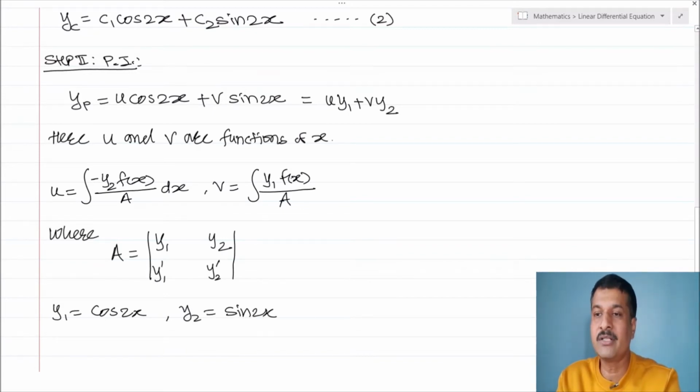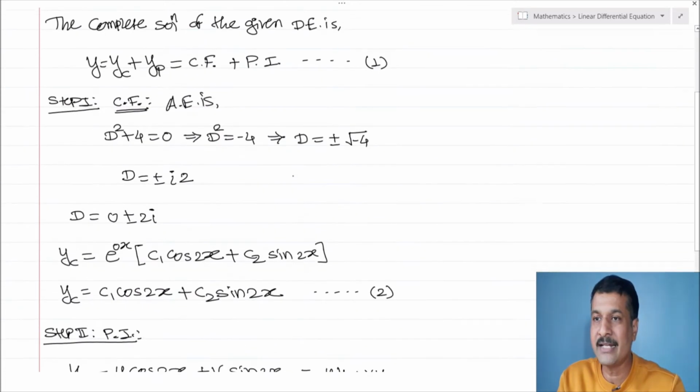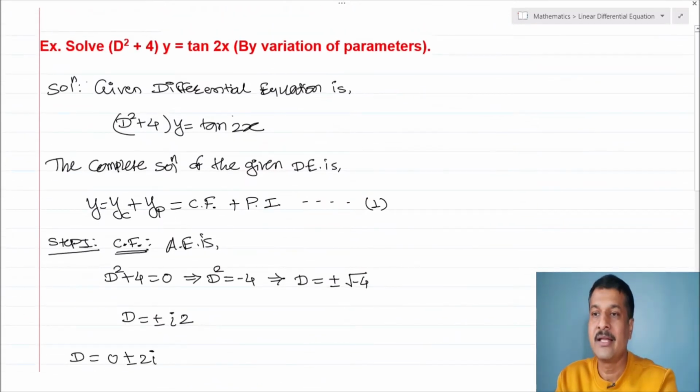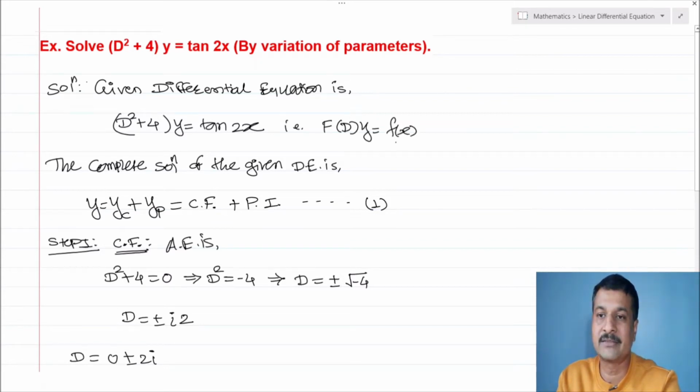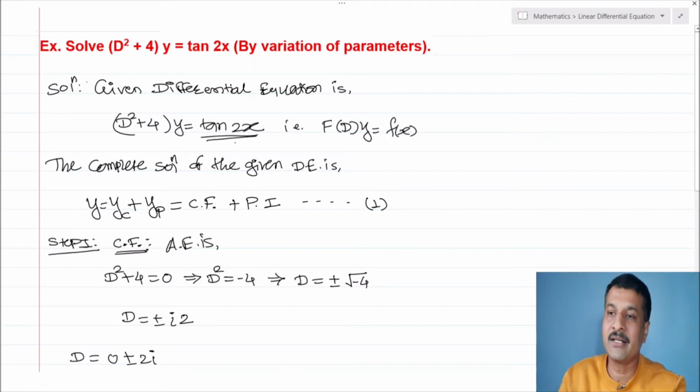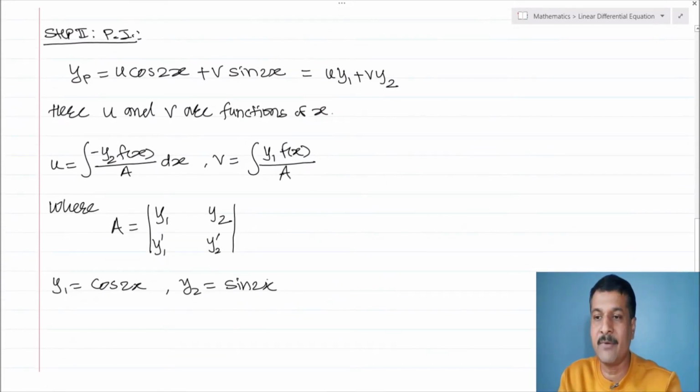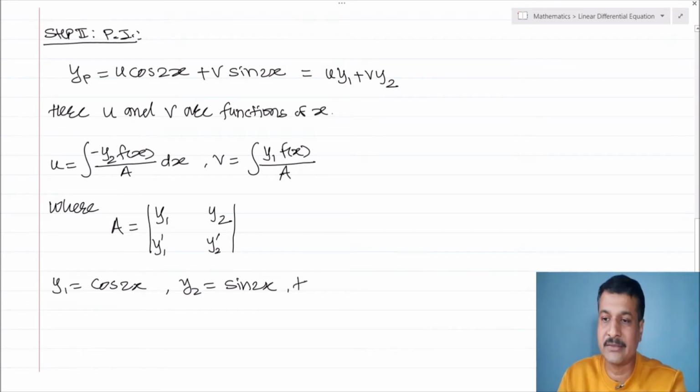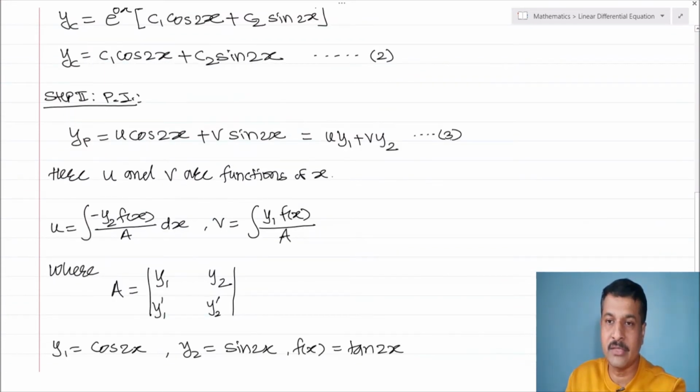And what about this f of x? Note that in the given differential equation, this is nothing but f of D operating on y equal to f of x, meaning this side is nothing but f of x. So therefore here I am getting f of x equal to tan 2x. So this is equation number 3.